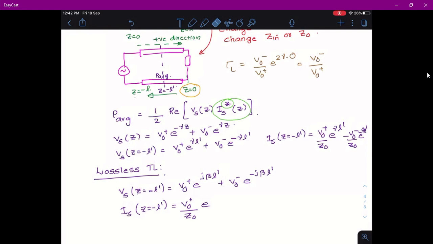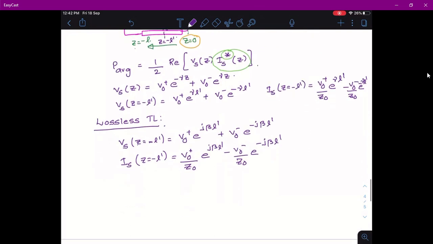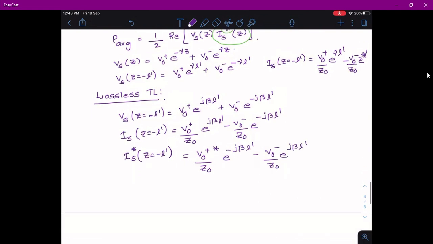This is V0 plus by Z0 e raised to j beta L dash minus V0 minus by Z0 e raised to minus j beta L dash. So, Is conjugate at Z equal to minus L dash is equal to V0 plus by Z0 conjugate, and when you conjugate e raised to j beta L dash, it will be e raised to minus j beta L dash, minus V0 minus by Z0 conjugate e raised to plus j beta L dash.